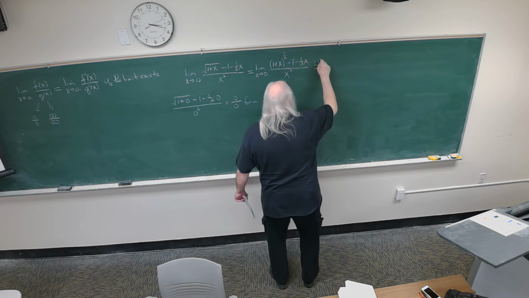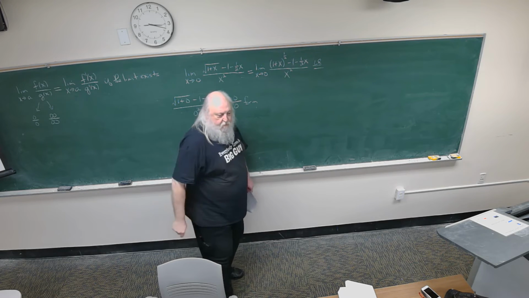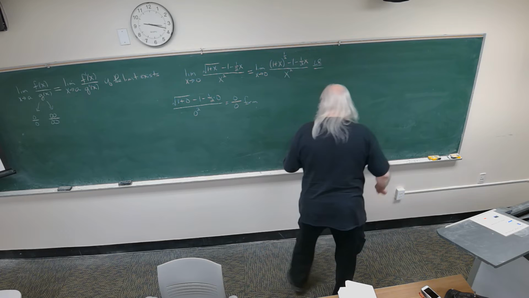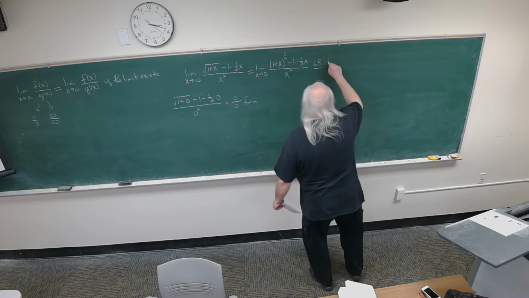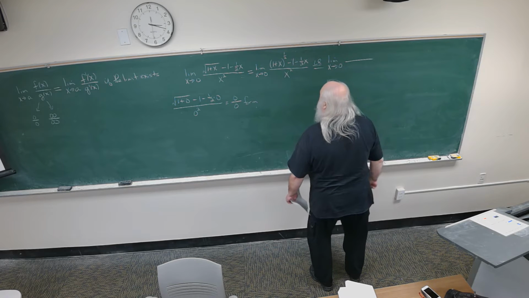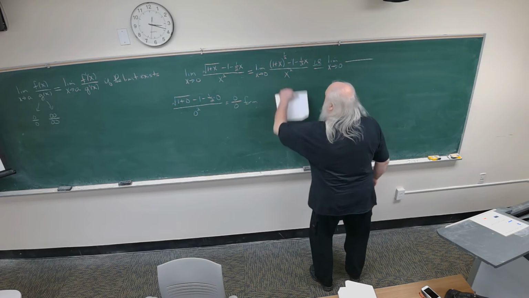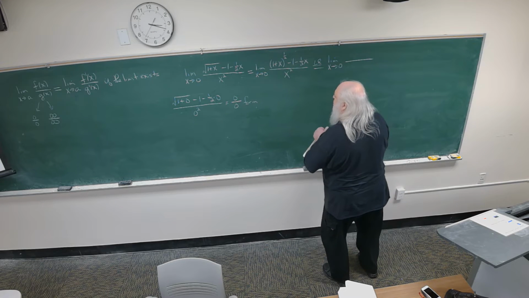And I put LR above the equal sign to indicate I'm applying L'Hopital's rule. And we have the limit as x approaches 0. Now I differentiate the numerator and the denominator with respect to x.